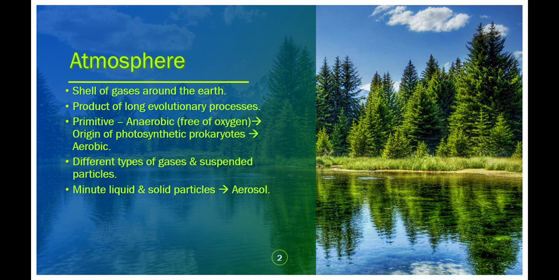The atmosphere is composed of many different gases and suspended particles. It contains minute liquid or solid particles in a suspended form, which form the aerosols. Most of these are seen in the lower atmosphere, that is up to 80 kilometers from the Earth's surface.